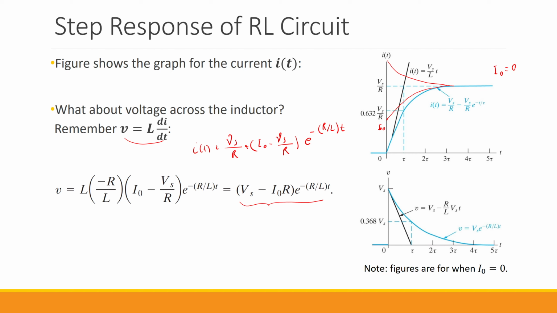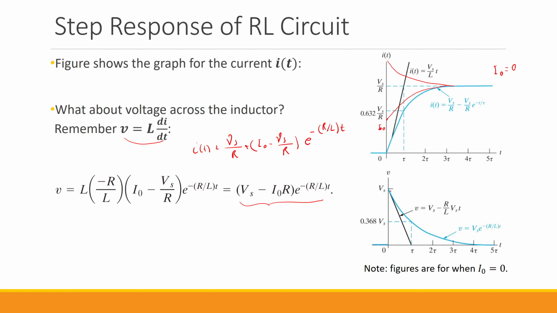So the last note that I made regarding the current equation actually holds here too. When t goes to infinity, this exponential term goes to 0, which basically means that the voltage across the inductor goes to 0.